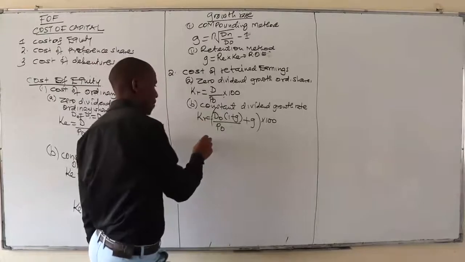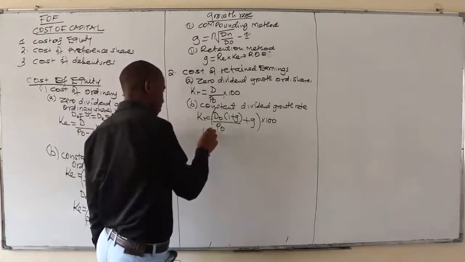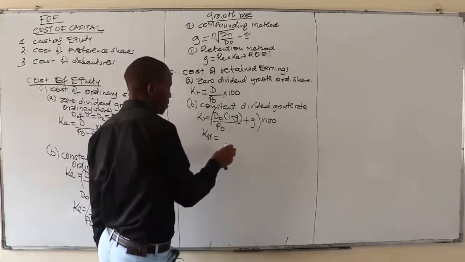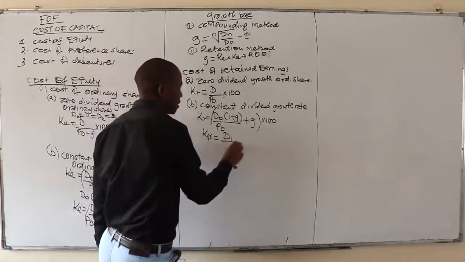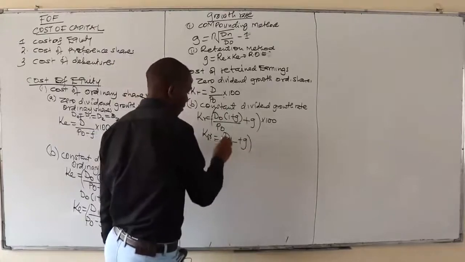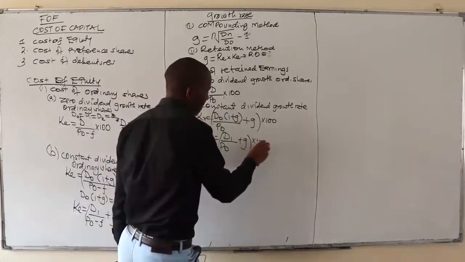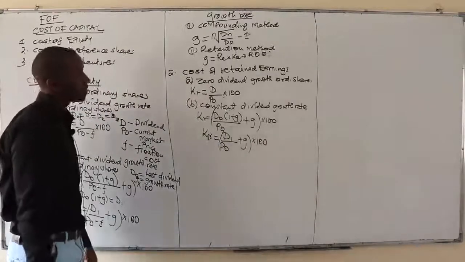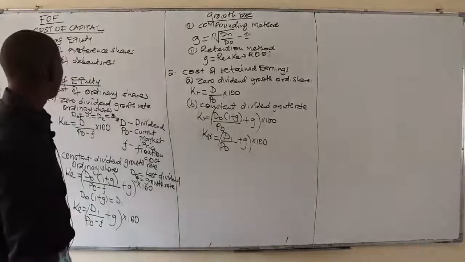In this regard, you can also get it by taking KR equals the next dividend over P0, plus g, then you multiply by 100. And that is the cost of ordinary shares.